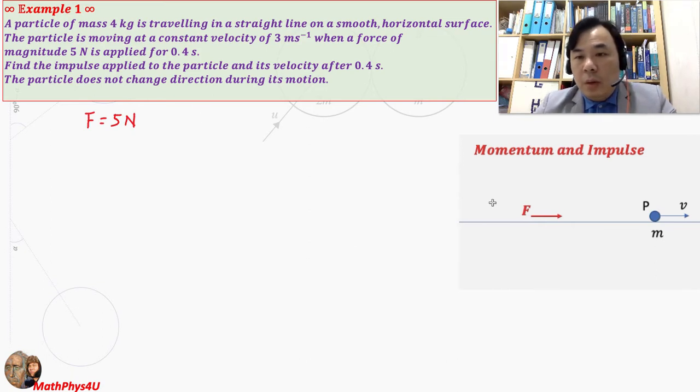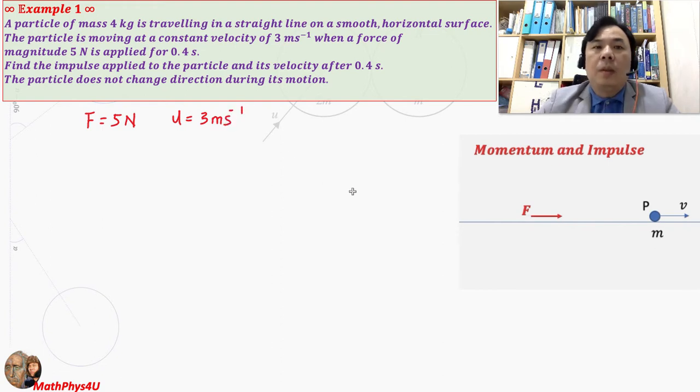But anyway, we are only looking at one direction, so you can write this without using the vector notation, right? And then our initial velocity was u equal to 3 meters per second. Okay, and then the duration of time is 0.4 seconds.